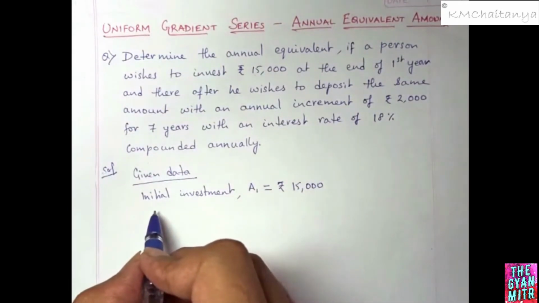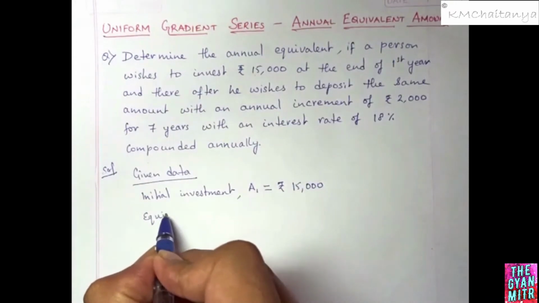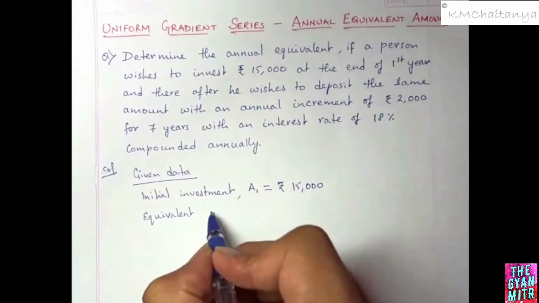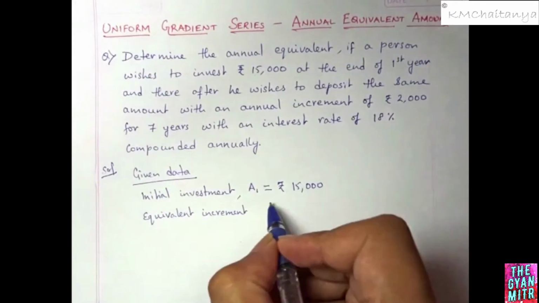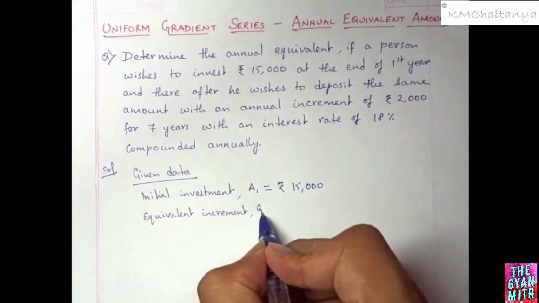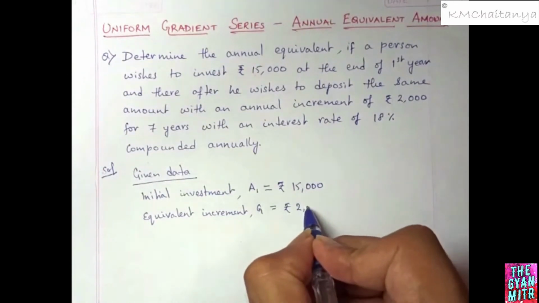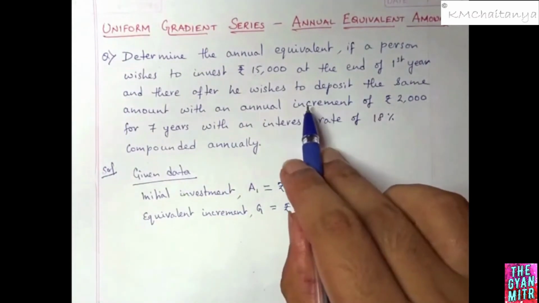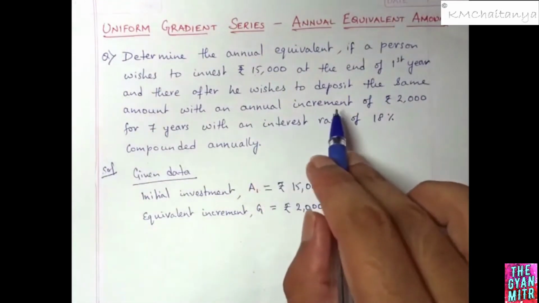Next, equivalent increment, which is denoted as capital G, is rupees 2000. So every year there is an annual increment.